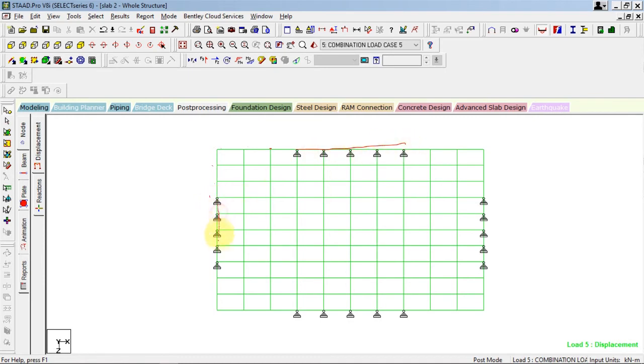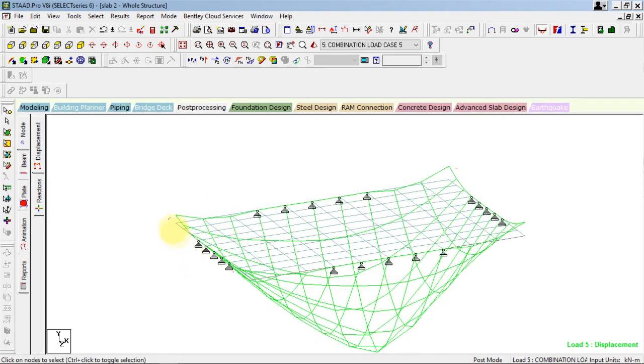Here this much edge is being held, here this much edge is being held. So the corners of the slab are not being held. Let us see what will happen when we load such a slab, and let us see the deflection pattern. So this is how the slab is going to deflect, and can you see these edges, the corners? All the corners have gone up. All the corners have moved up.